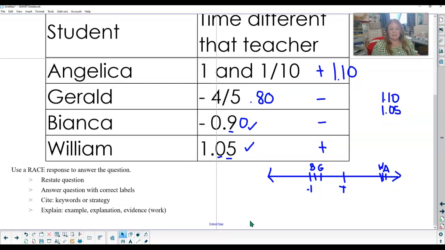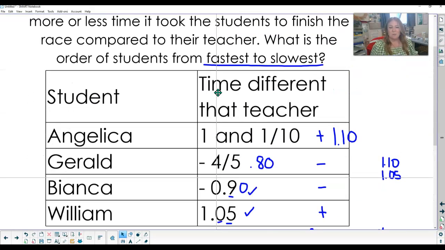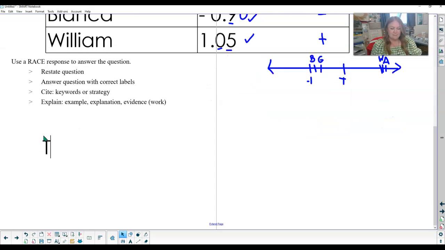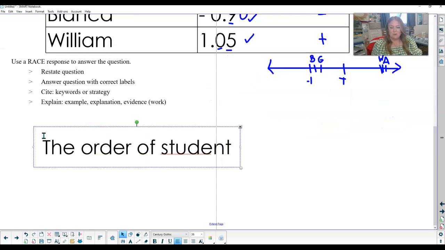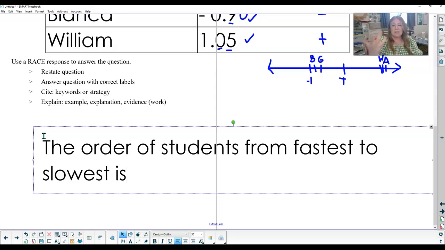So to answer this as a RACE response, I am going to restate the question, which was, what is the order of students from fastest to slowest? So restate: the order of students from fastest to slowest is, now answer the question.